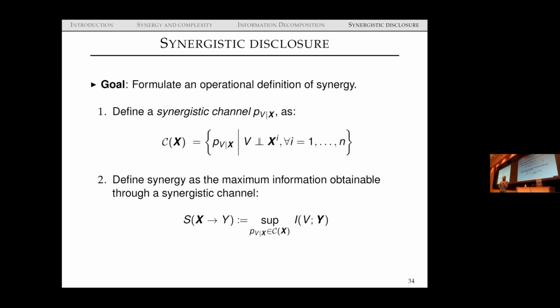Okay. And then I'm going to take synergy to be the maximum information that I can obtain through a synergistic channel. And this is a perfectly operational definition of synergy. And this is fairly well computable. So that's, very briefly, that thing. This set is related to the null space of P of X, and that thing is a simple linear programming optimization problem.